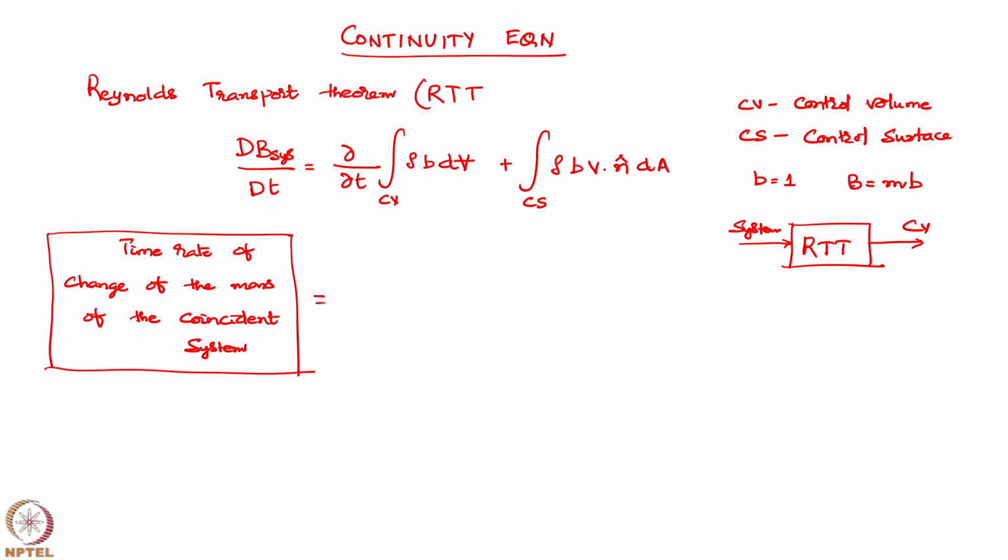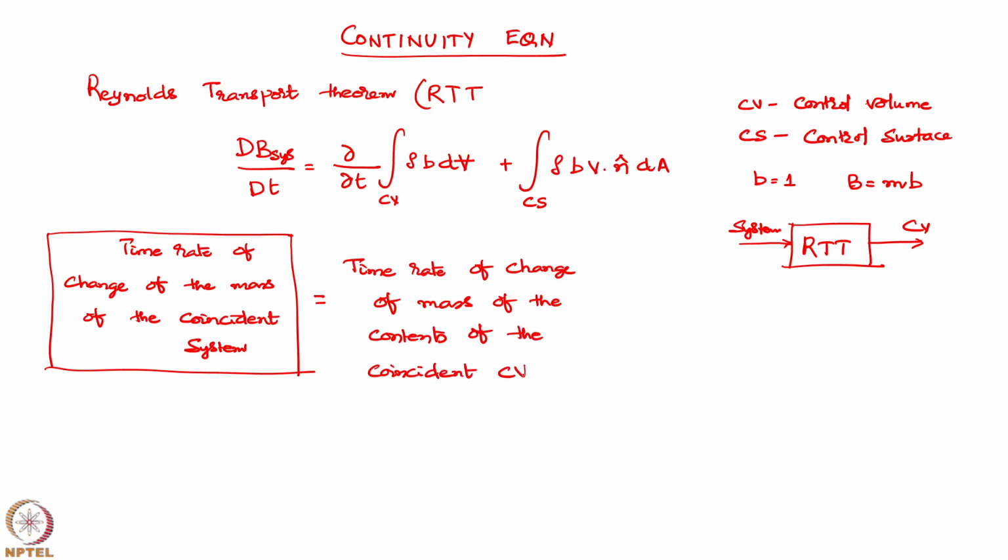So the left hand side is for the system, and the right hand side is the time rate of change of mass of the contents of the coincident control volume, that is, at a given instant where system and control volume are coincident. This is this term.